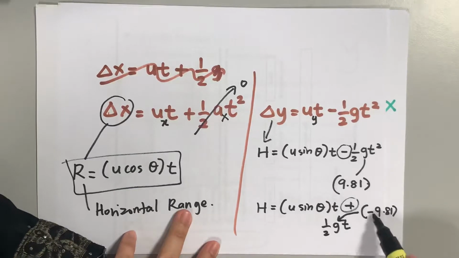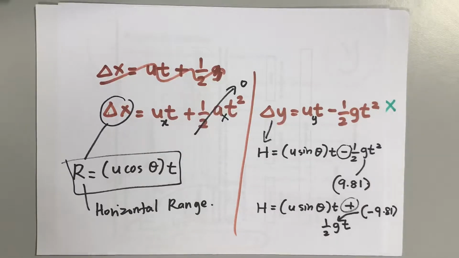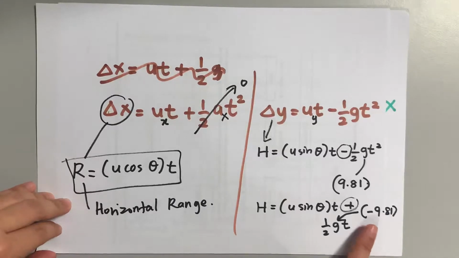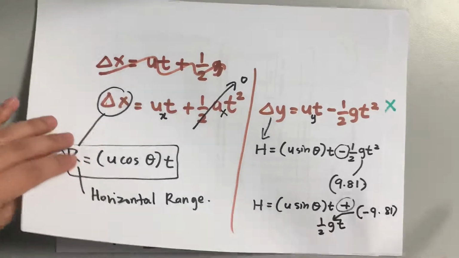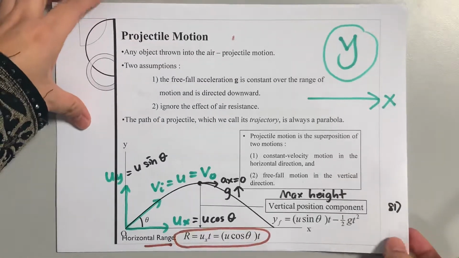Why negative? Because the direction of gravity is downward. Okay, so that's all for projectile motion.